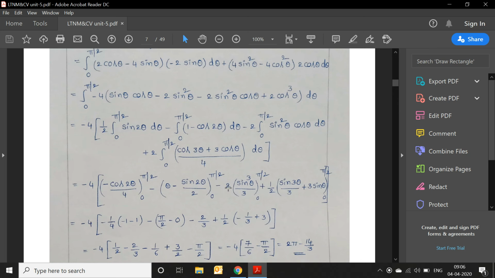Next, minus 2. Here I write sin cube theta by 3 because if you take sin theta equal to t, the derivative of sin theta is cos theta d theta. Here the integral is f power n of theta into f dash of theta d theta.